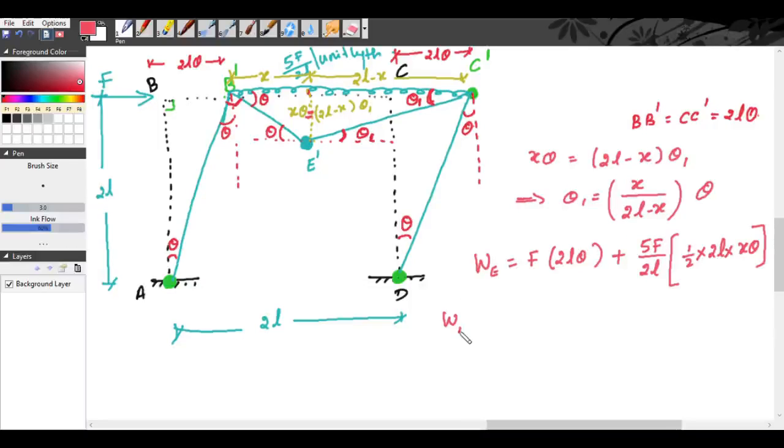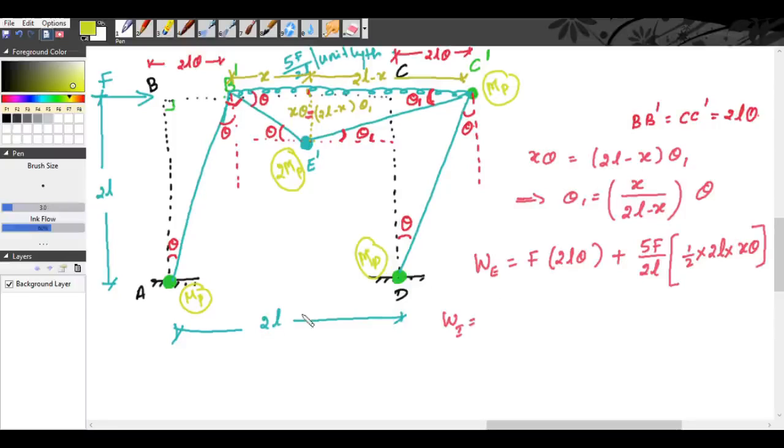Now internal work done is equal to the plastic moment into hinge rotations. So at A, the plastic moment is MP. At E, the plastic moment is 2 times MP. At C, MP. At D, MP.